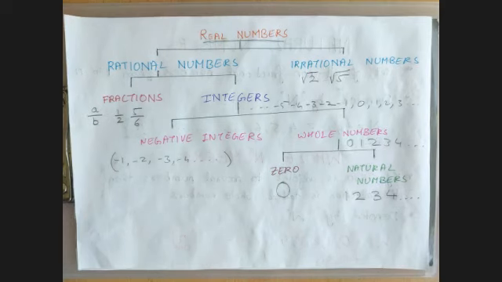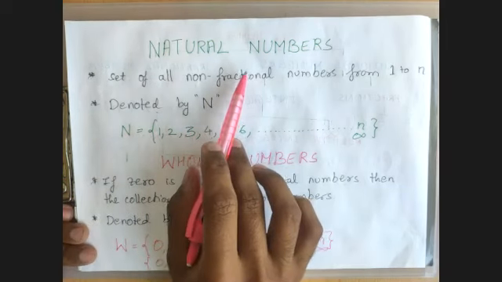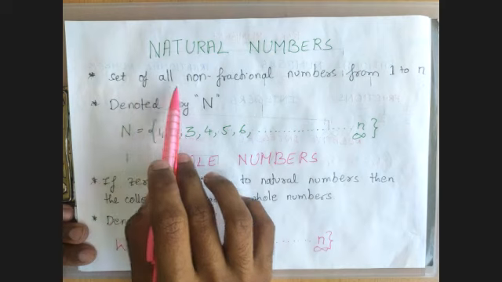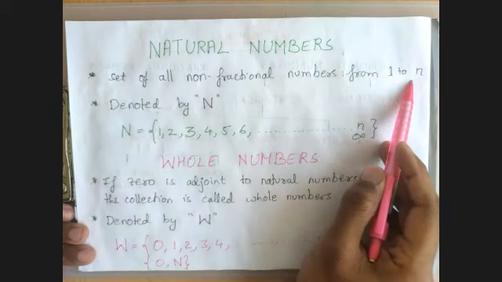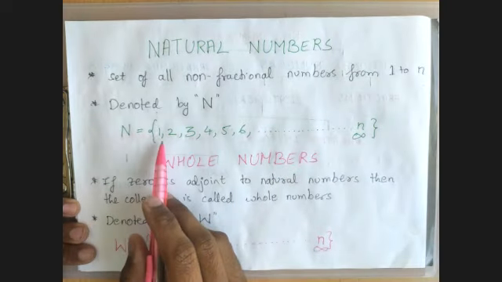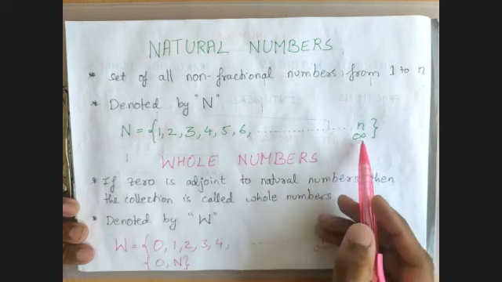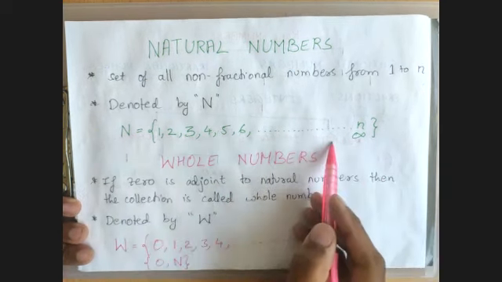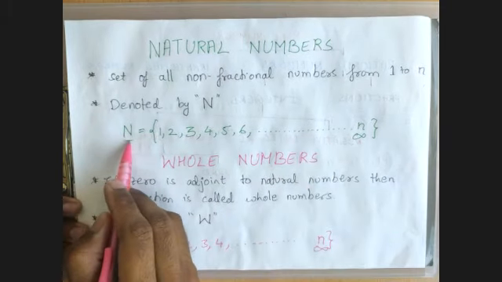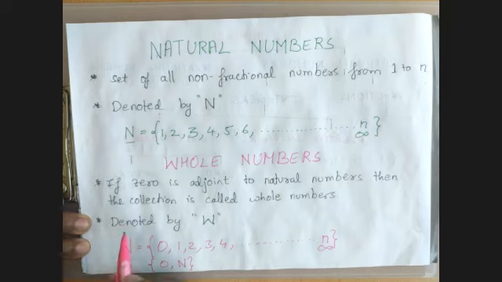Let us look at each category in detail. So let us look at natural numbers. They are the set of all non-fractional numbers from 1 to n. That means all the counting numbers like 1, 2, 3, 4, 5, 6 until infinity, until however much we can count, are called natural numbers and it is denoted by N. What are whole numbers?